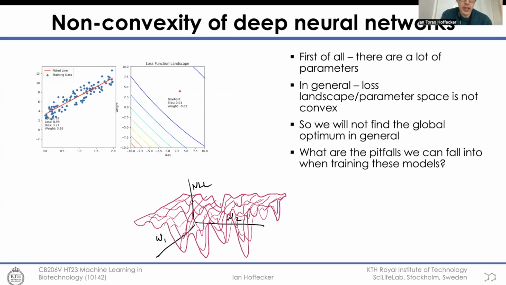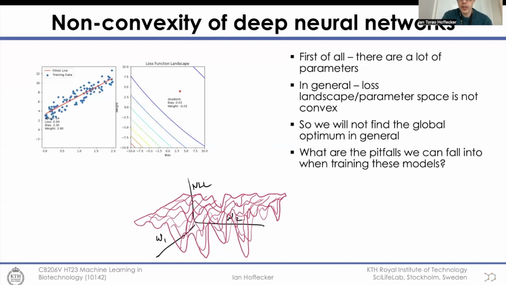So if we look at a simple line fit, that's a 2-parameter fit, and these linear models have a convex landscape. So at any point in the parameter space, the loss function has a smooth gradient that can be computed locally, and which is going to give us a compass direction that leads us to the global minimum. And that means that we basically know where we're going at any point in time.